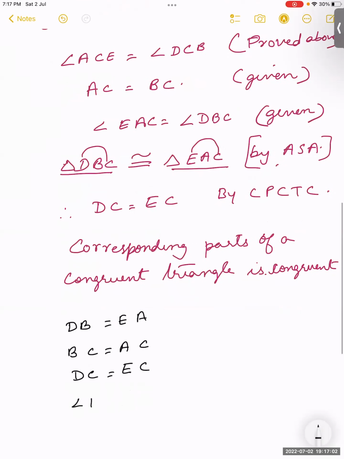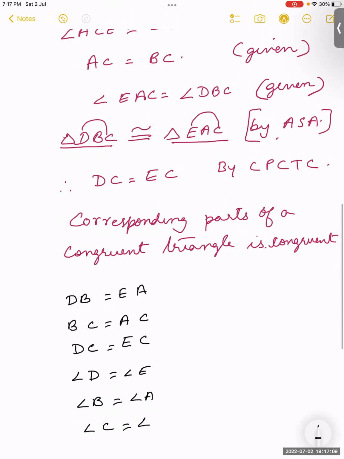Then you also understand that angle D and angle E are equal, angle B and angle A are equal, and angle C and angle C are equal. So these six pieces of information you get from the order in which the congruency is written. That is why we say CPCTC means corresponding parts of congruent triangles are congruent. Congruent means they are equal. Make sense? Understood, ma'am.